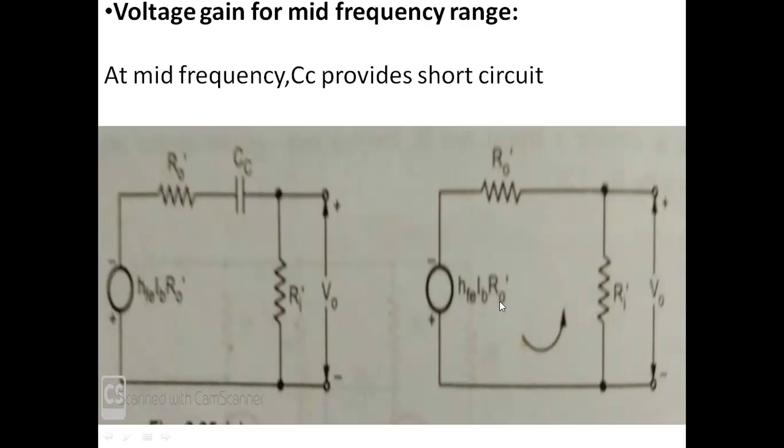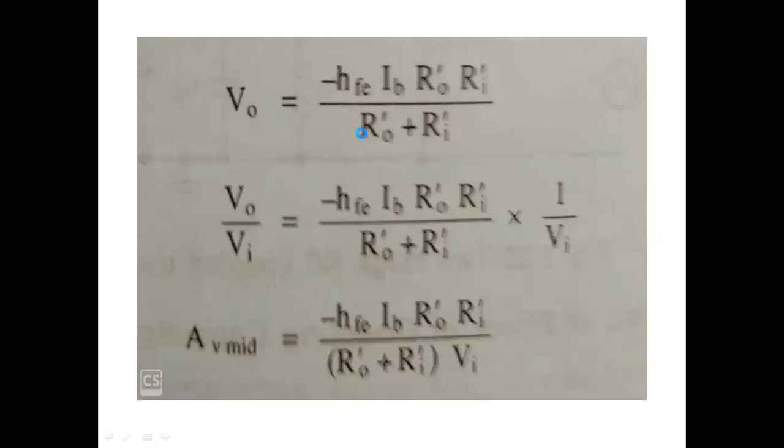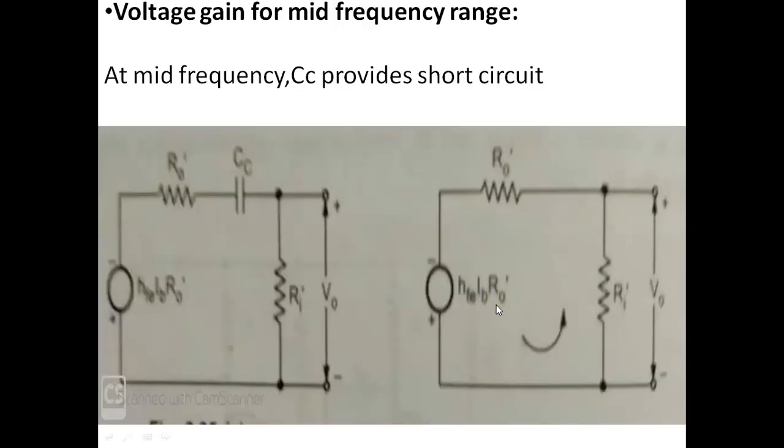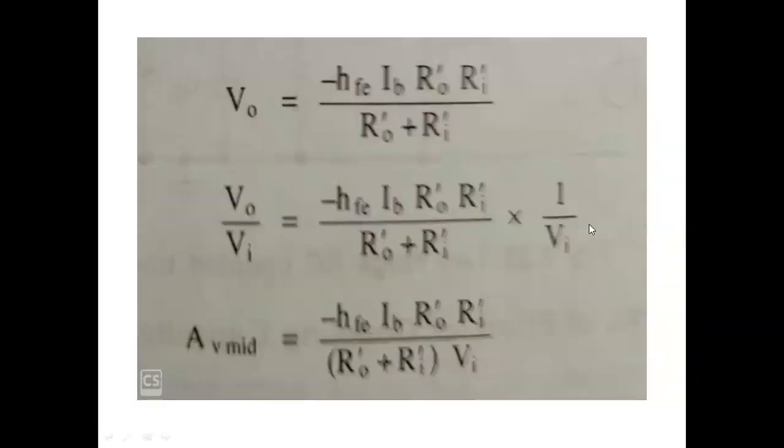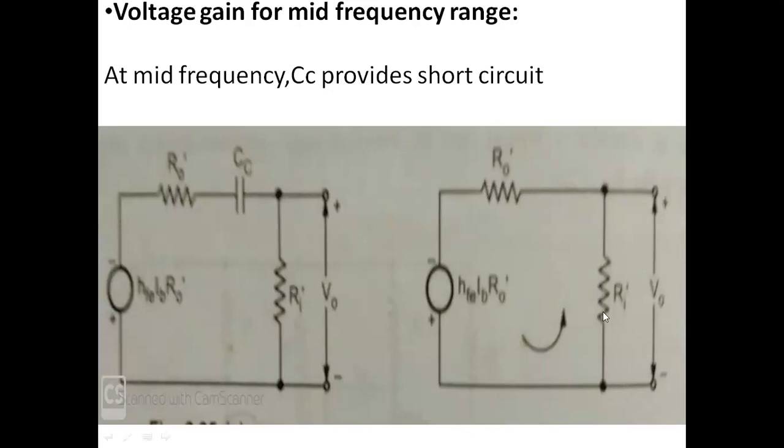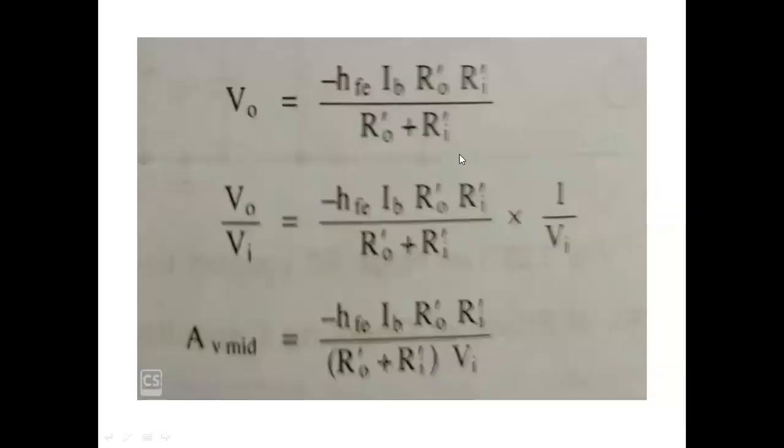So V0 is equal to minus hfe IB, ro dash, into R2, and here R2 means RA dash, by the total resistance, that is RA dash plus ro dash. So V0 is equal to minus hfe IB ro dash RA dash by ro dash plus RA dash.